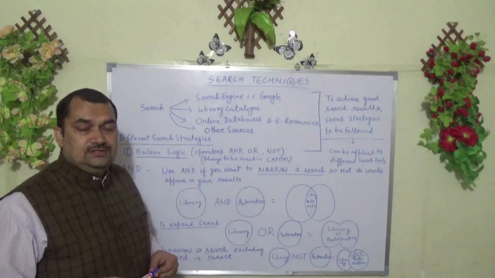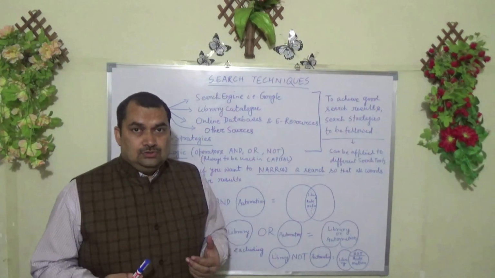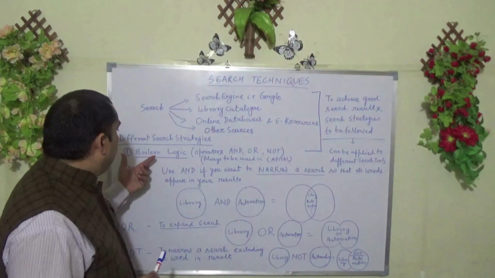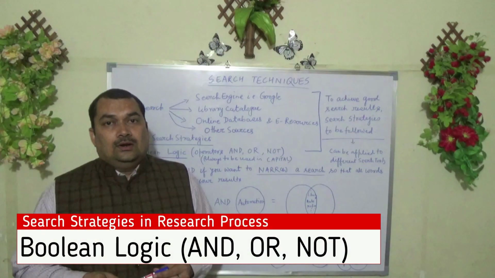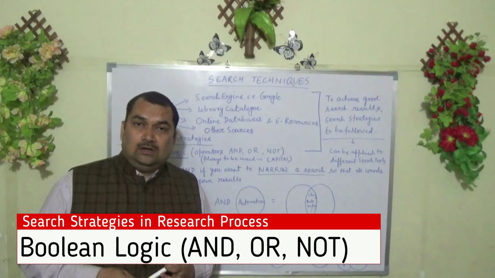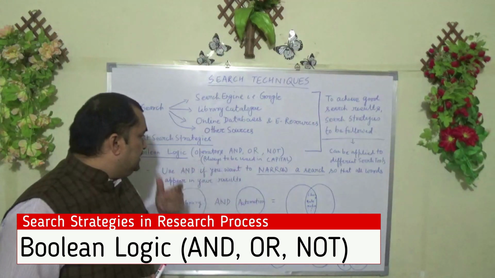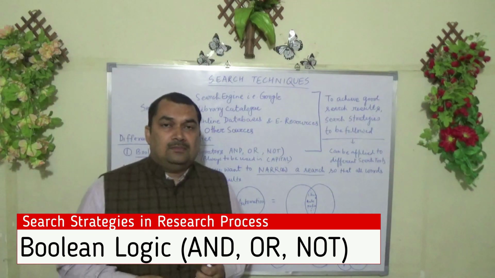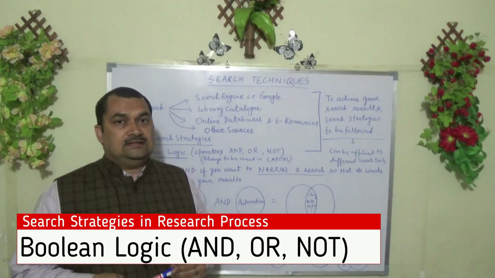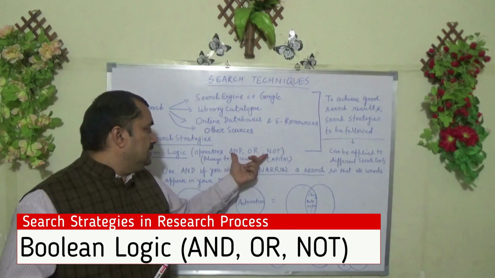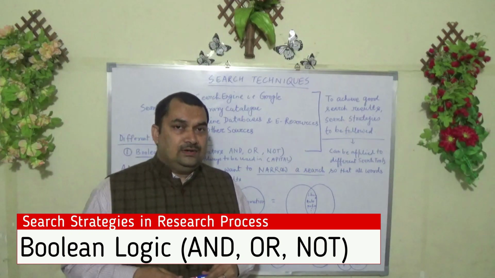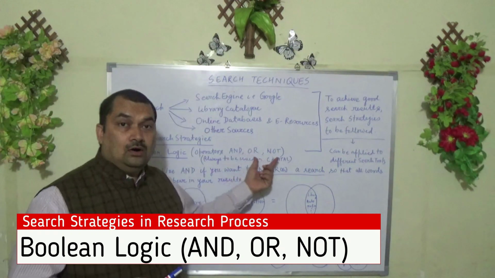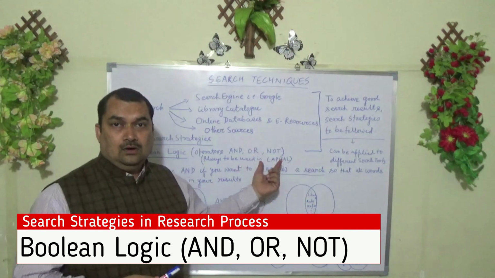Those strategies include Boolean logic. When we start searching, we apply Boolean logic, or the operators, very famous and known to everyone. There are three Boolean operators we use while retrieving documents from online resources, and those are AND, OR, and NOT.